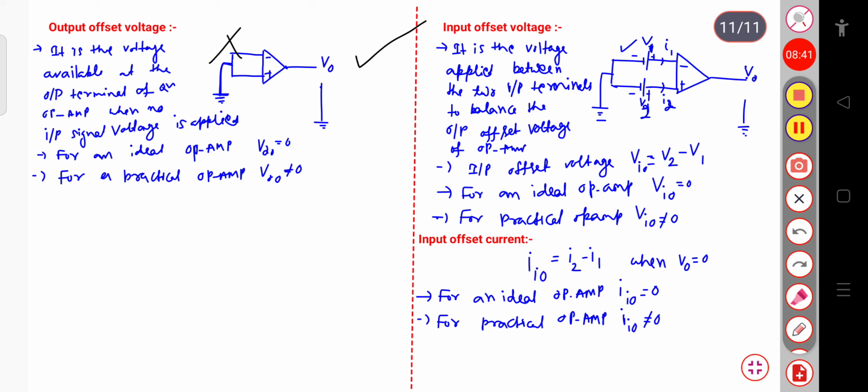But in case of the input offset voltage, to get the output voltage to be 0, you have to give some voltage across the inverting and non-inverting terminals in such a way that these two input terminals balance the output offset voltage. Similarly, for the ideal op amp, the input offset voltage is 0, but it is not 0 for the practical op amp. And we have also calculated the input offset current.